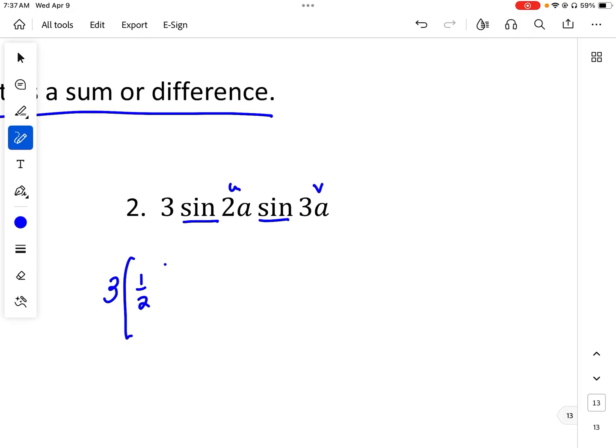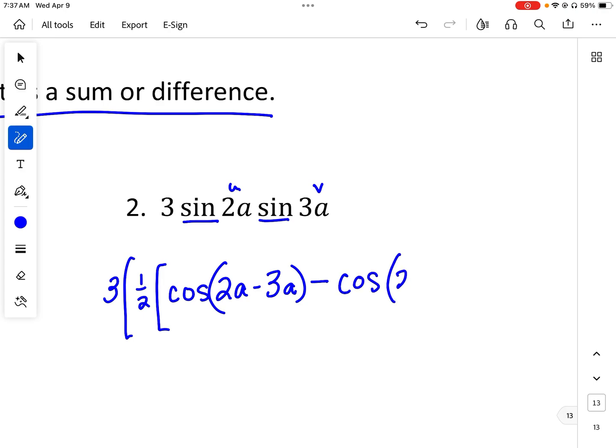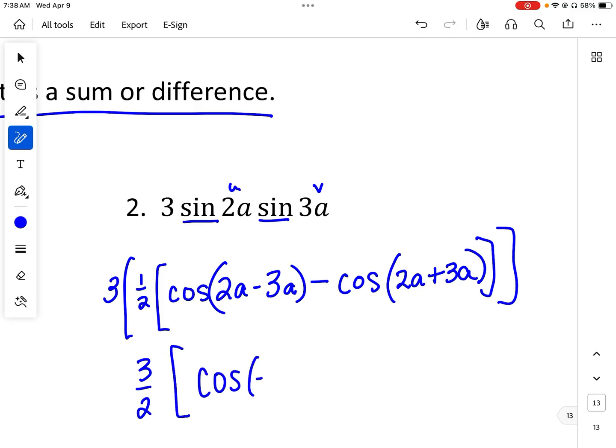So this will be 3 halves cosine u minus v minus cosine u plus v. Okay, so this will be 3 halves cosine of negative a minus cosine of 5a.